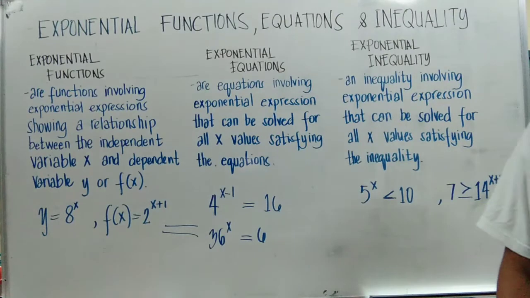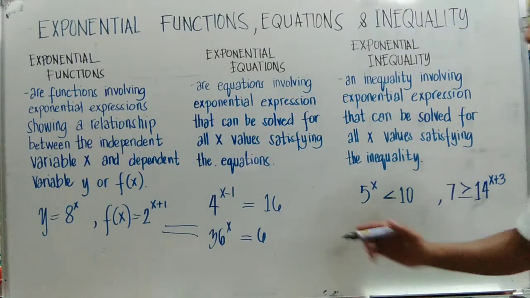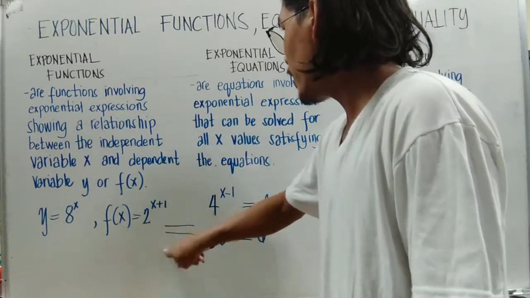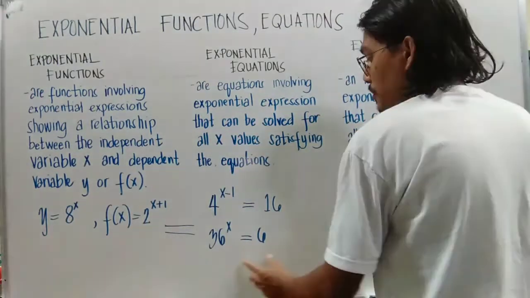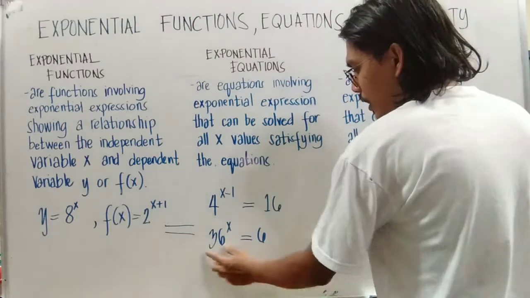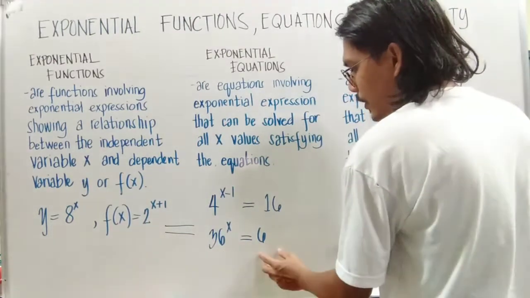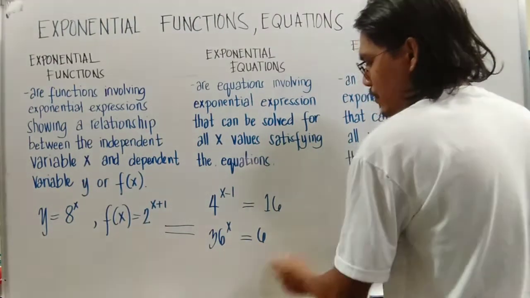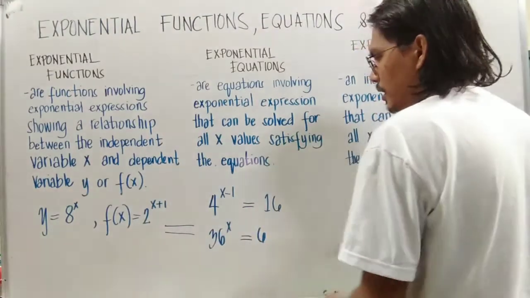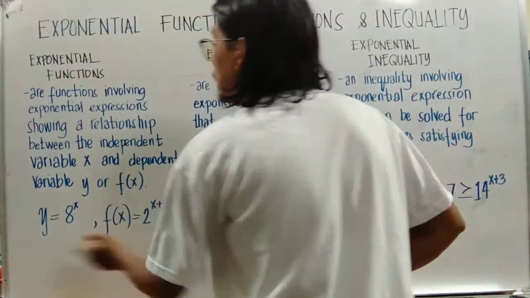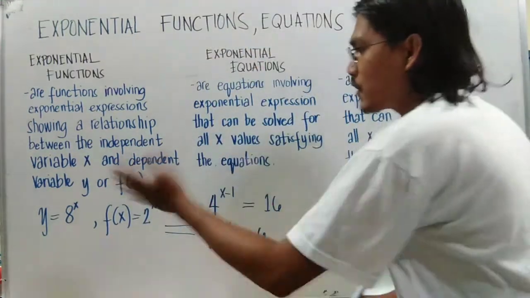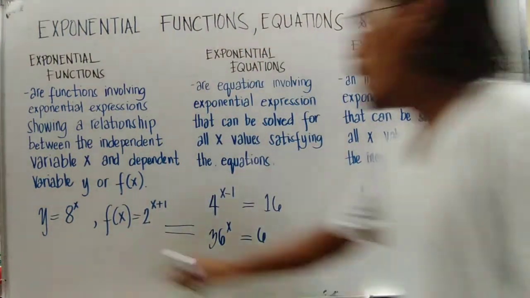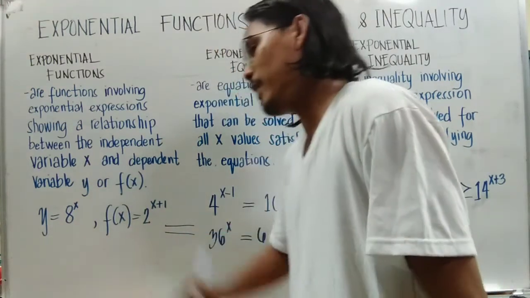The equal symbol. Okay? So the only difference between exponential equations and functions is that in equations the sides are numbers or any quantity, while in your function, you can see another variable on the other side, such as y, and in here we have f of x.